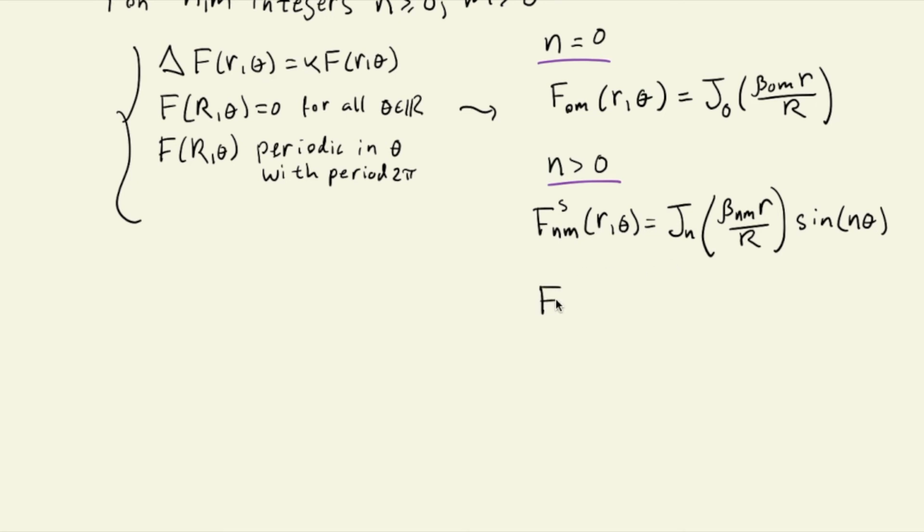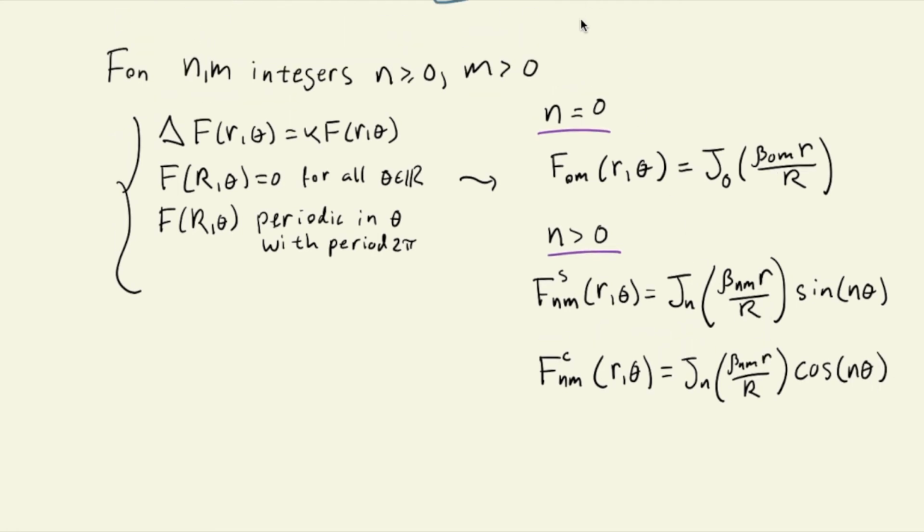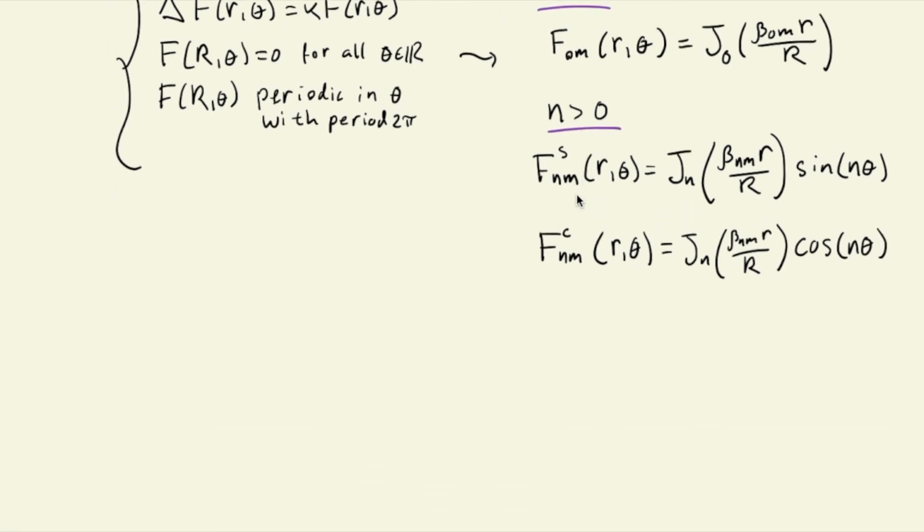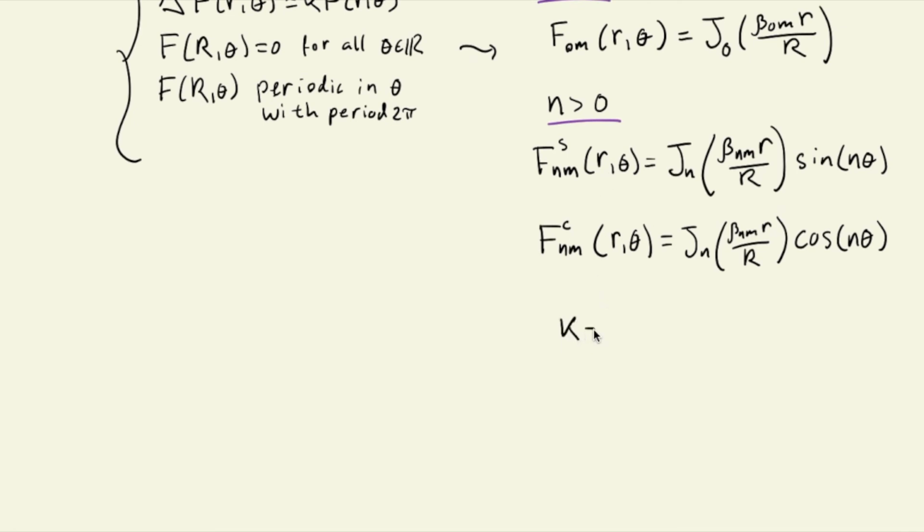And you have f with the cosine. Right, so p times q. Those are the f's that we find, and we also find that the number k is minus beta n m squared over r squared.